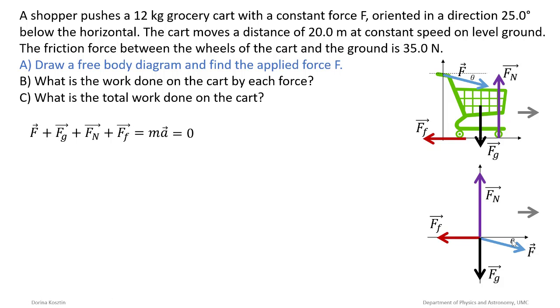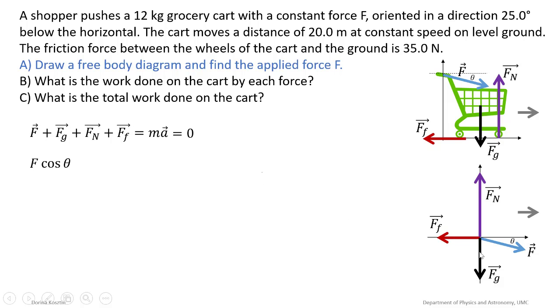Therefore, the x component of force F can be written as the magnitude of F multiplied by cosine of 360 minus theta, which is nothing else than cosine theta. So the x component of the force F is F cosine theta. And now we go to the next force in the sum, the force of gravity.